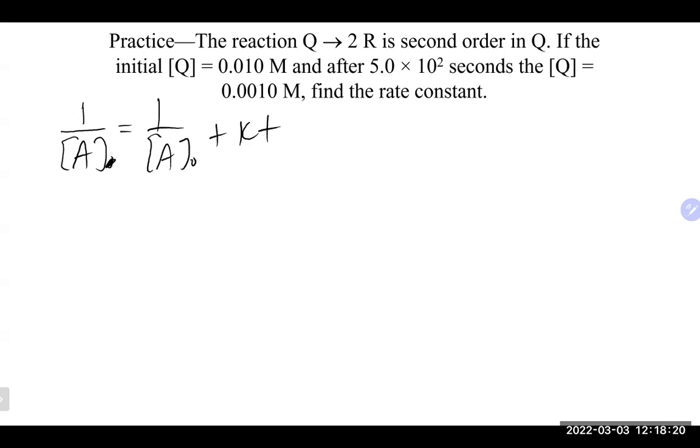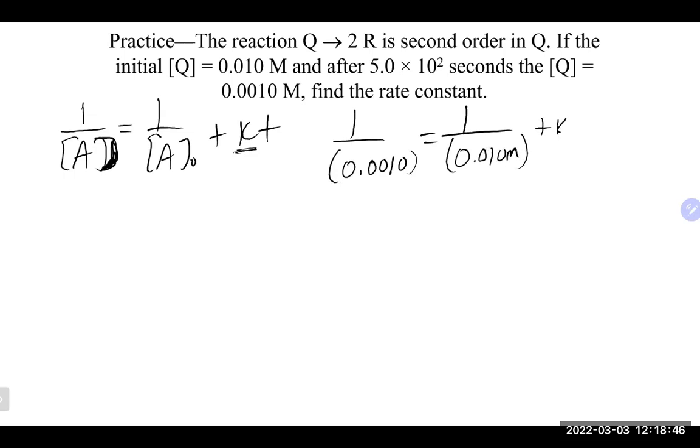So it's 1 over A equals 1 over A naught plus kt. In this case, we're given pretty much everything but the rate constant, which is what we're looking for. So our final concentration here is 1 over 0.0010. Our initial concentration there is 0.010.